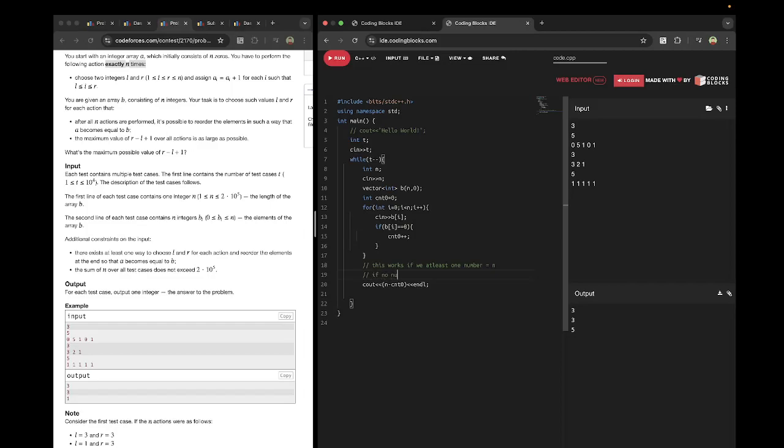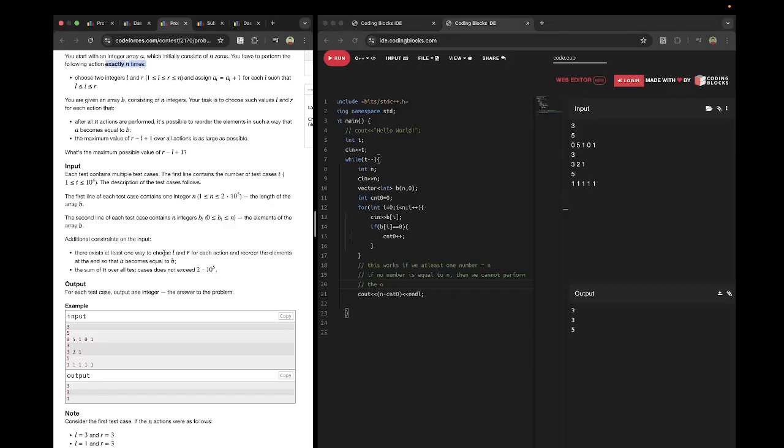If no number is equal to n, then we cannot perform the operation. If it's greater than n, then it's not possible. But they have given this constraint that there is always a way. So that greater than n is gone. Greater than n, not possible.